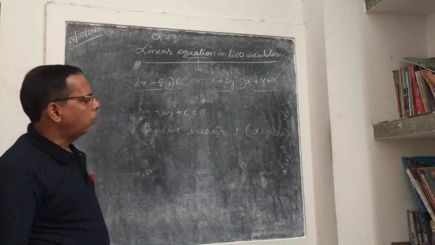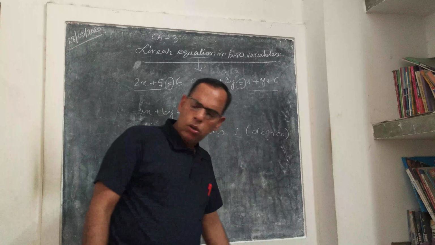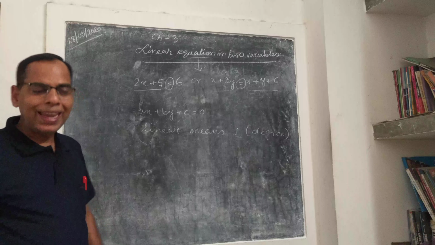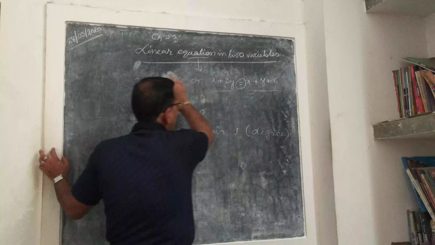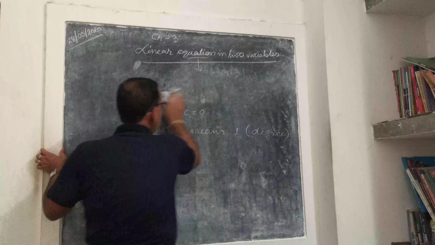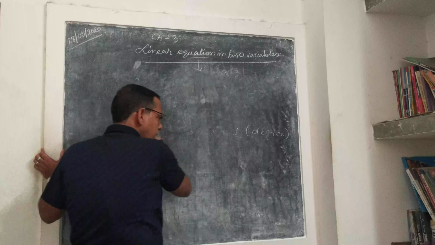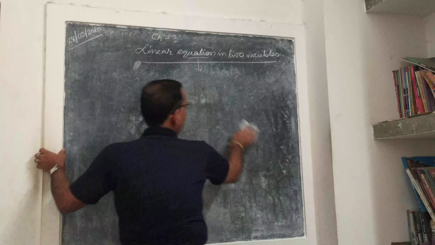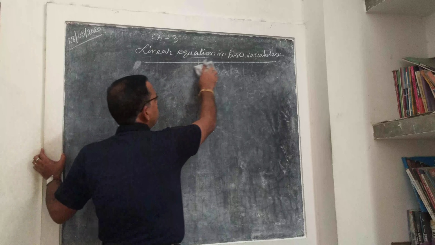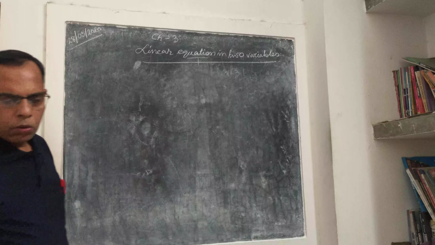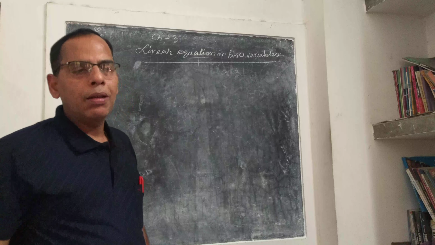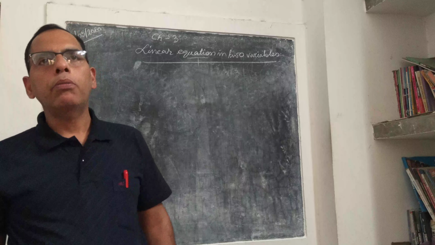Now this year we are going to learn how to represent a linear equation in two variables graphically, and how many types of solutions there are. So please write down the points we are going to cover from today's class.